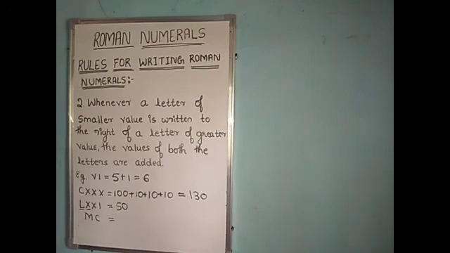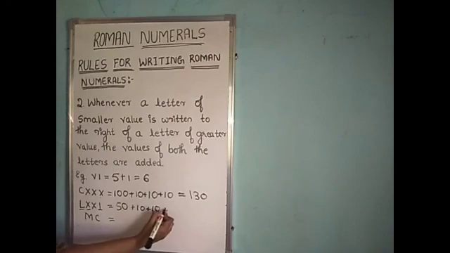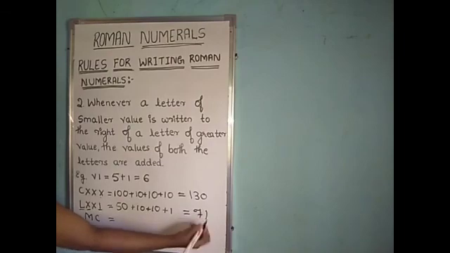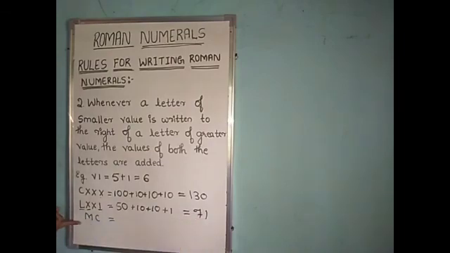We have to add the numeric value of X 2 times. 10 plus 10. So, next one is I. What is the numeric value of I? The numeric value of I is 1. So, what is the answer? 50 plus 10, 60, 60 plus 10, 70, 70 plus 1, 71.